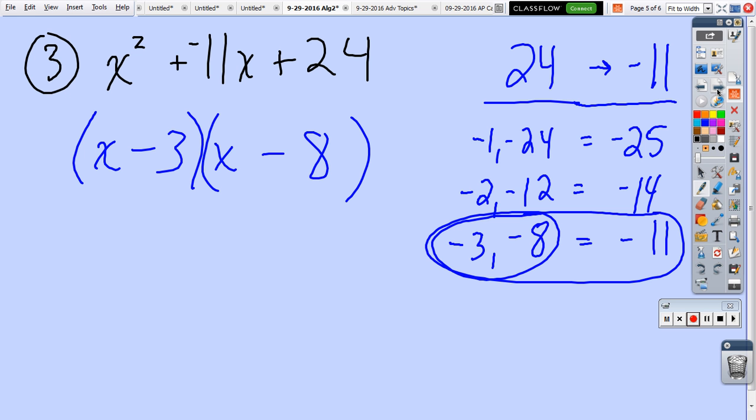Okay, so factors of 24: negative 1, negative 24, negative 2, negative 12, negative 3, negative 8. Only one of the pairs is going to work. So negative 3 and negative 8 work, so then I write x minus 3 times x minus 8.